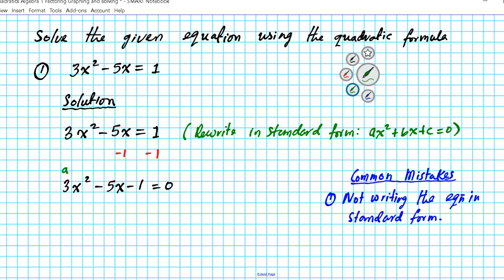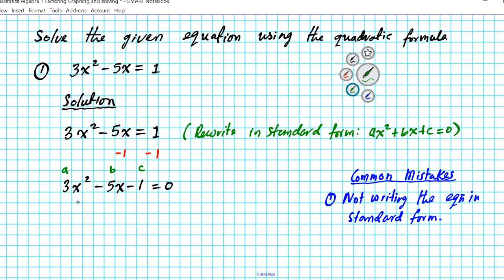A is the coefficient of the leading term, namely the quadratic term. B is the coefficient of the linear term, and c is the constant. Now you do not always have to have b or c for a quadratic. You can have one or the other, but you're always going to have a, or else it's not going to be a quadratic.